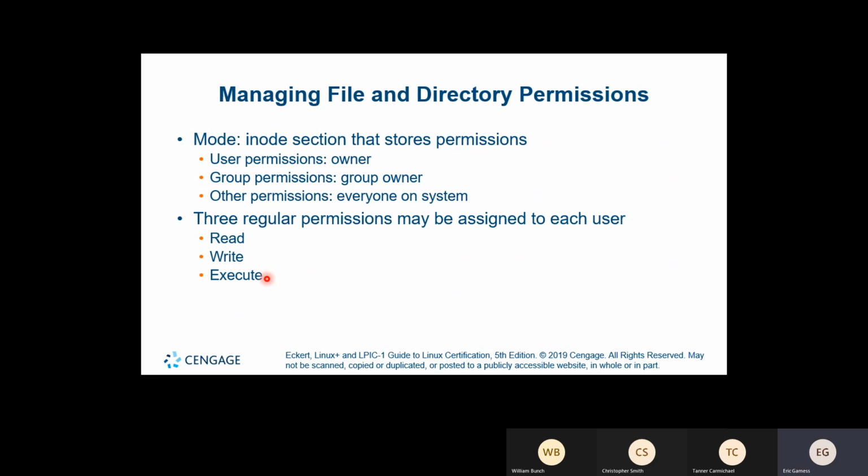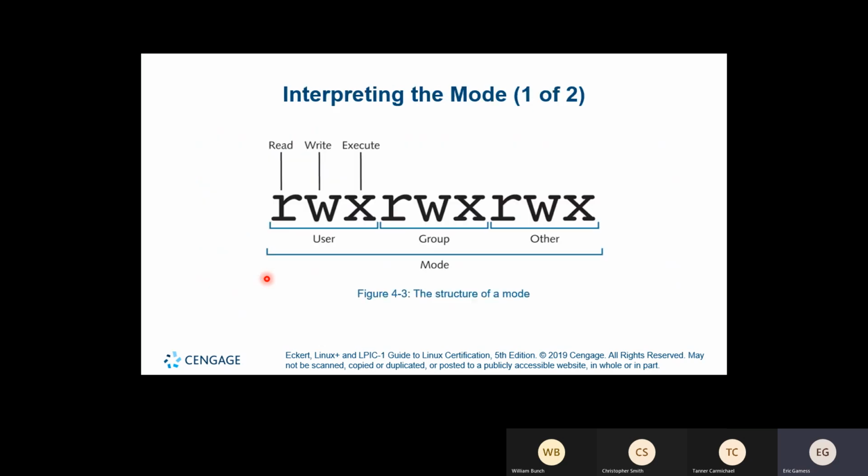And the mode is done with the right of the owner user, the right of the group, and the right of the other users. So look, this is the mode.